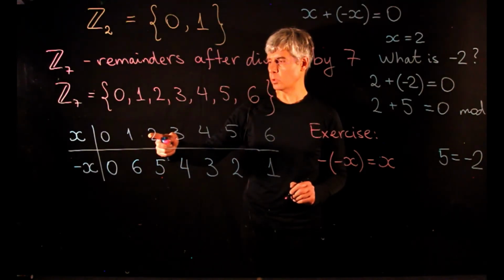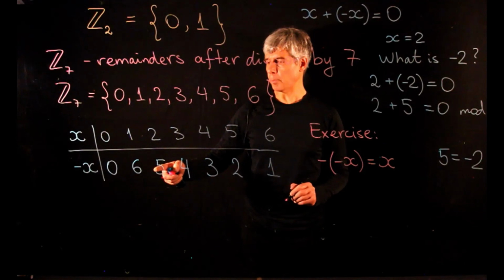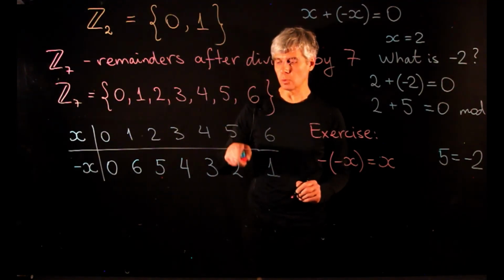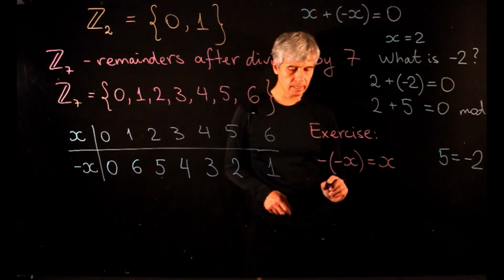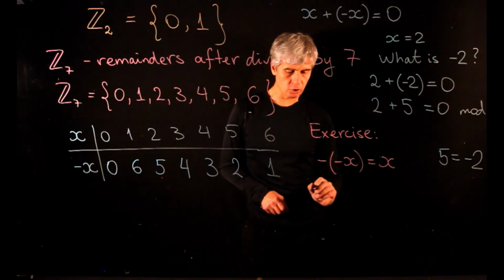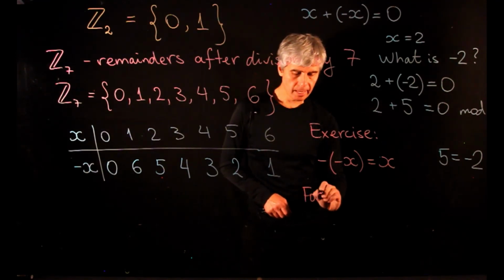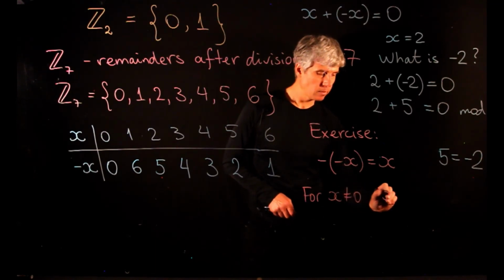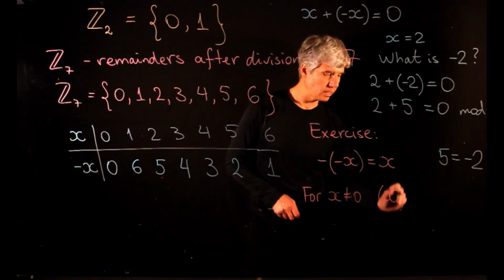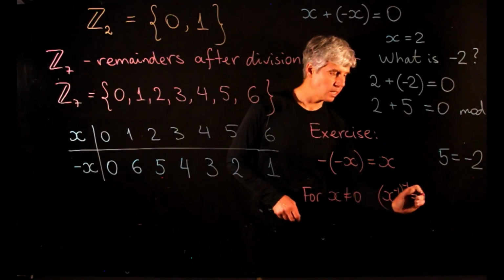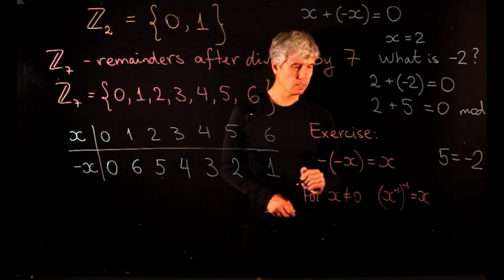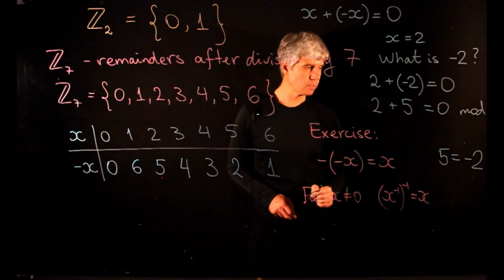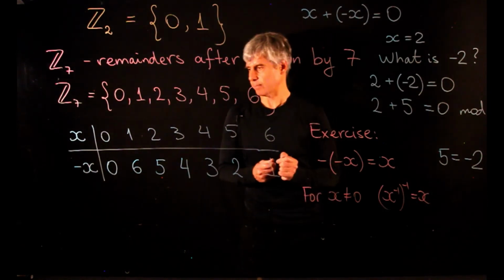The opposite of 2 is 5, but the opposite of 5 is 2. Right? And likewise for multiplication. For x not equal to 0, the inverse of x inverse is equal to x. Right? So prove these two little facts.